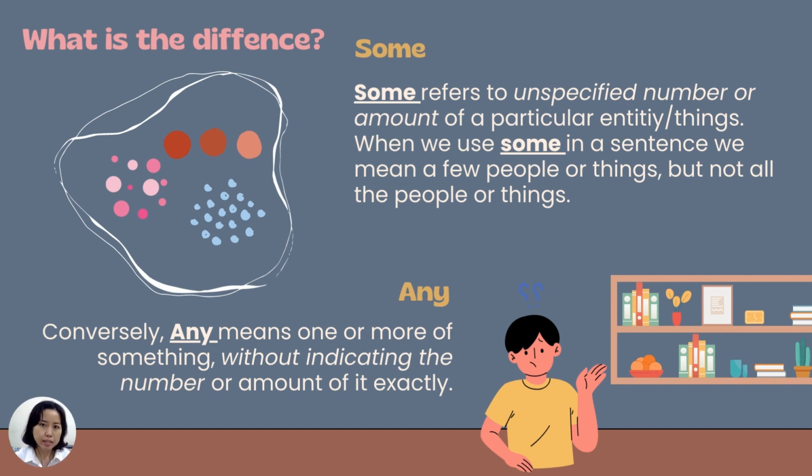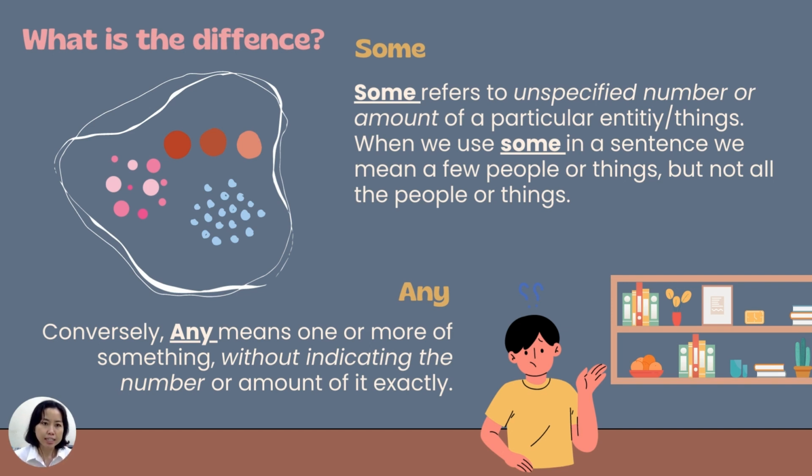It means we do not know exactly the number or the amount of the things, the objects that we're talking about. And when we use some in a sentence, we mean a few people or things, but not all the people or things.